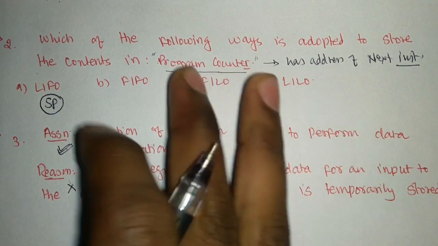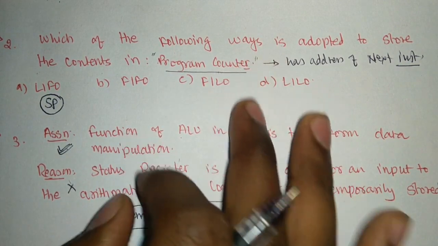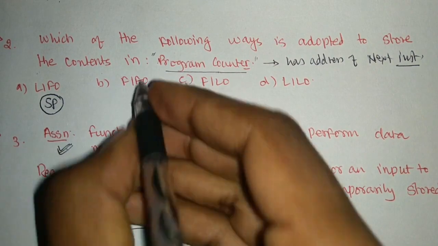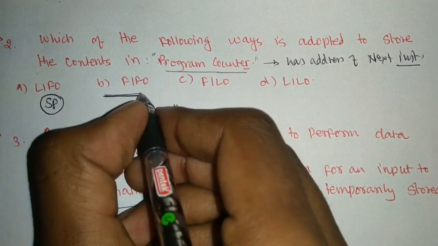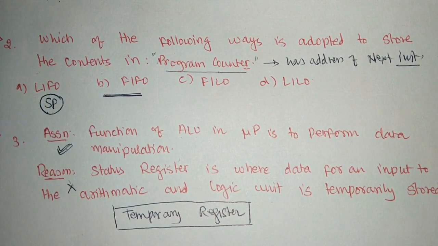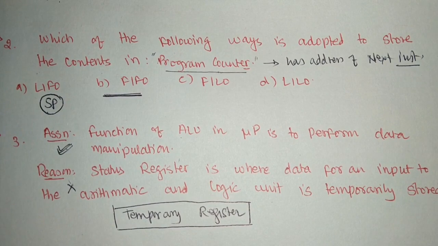The values of the program counter are always increasing by 1, and that is how we have written the program also. So to my knowledge, it should be first in first out. Okay, but in many places it has given LIFO, but that is for stack pointer, not for program counter. And that too, we can have different systems inside of a stack pointer also, but for 8085 only that will be true.